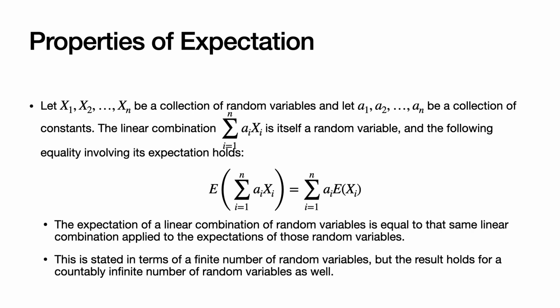Specifically, the expected value of this linear combination, that is, the expected value of the sum i going from 1 to n of a sub i times x sub i, is equal to the sum i going from 1 to n of the terms given by a sub i times the expected value of x sub i. In words, this says that the expectation of a linear combination of random variables is equal to that same linear combination applied to the expectation of those random variables.